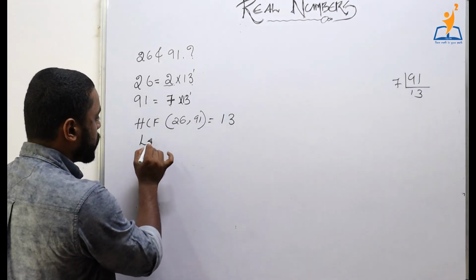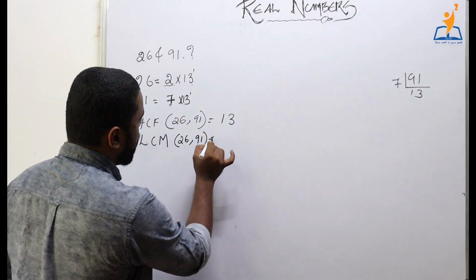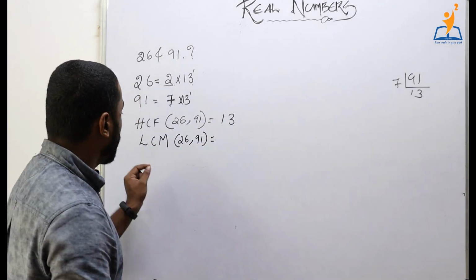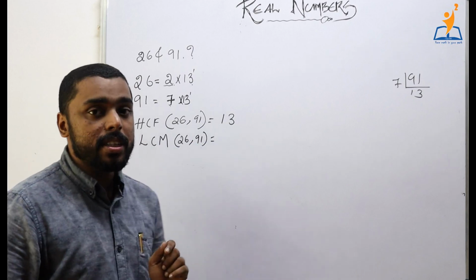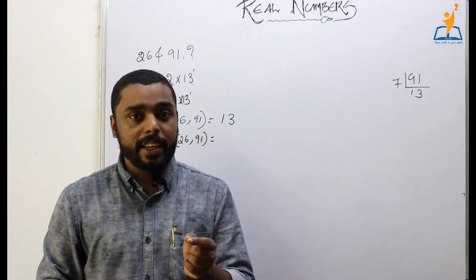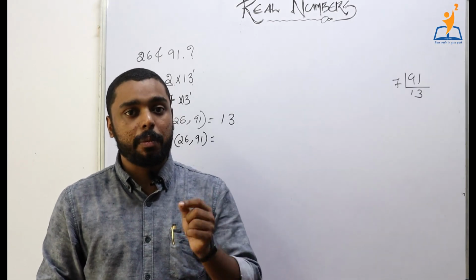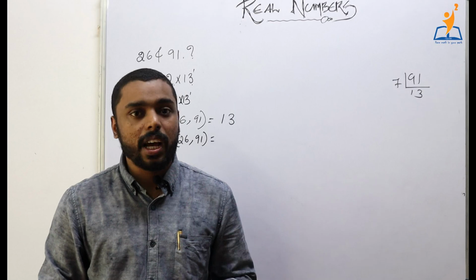Now LCM. The LCM of any two numbers by the prime factorization method can be evaluated by finding the product of all the primes involved. If any prime is common, then choose the one with the highest power.